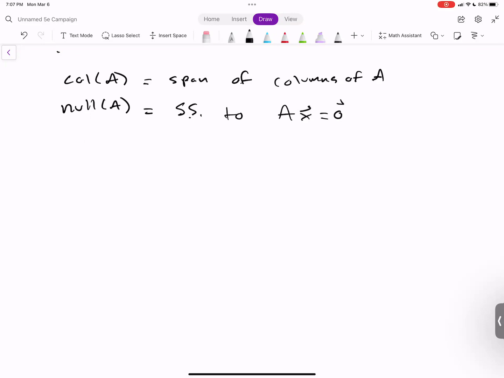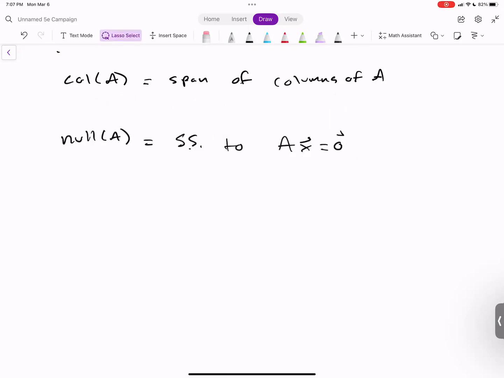So that's just new terms for things we've already learned, right? And one other thing I'll say, you still need to know the shape of each of these, okay? What is the shape of my column space? It's "R to the number of pivots" in R to the number of rows. And I put quotes around the first part because that's not technically true. It's technically just this dimensional space, okay?